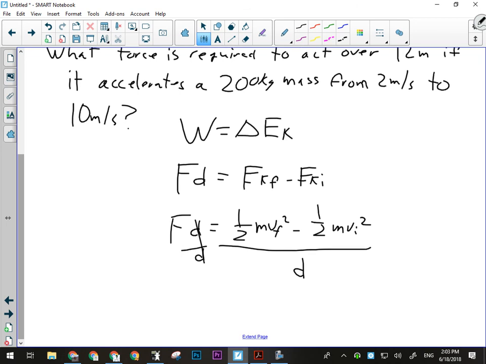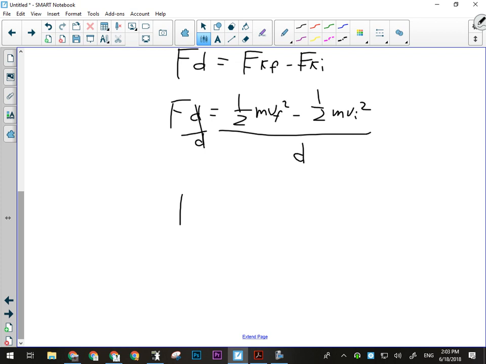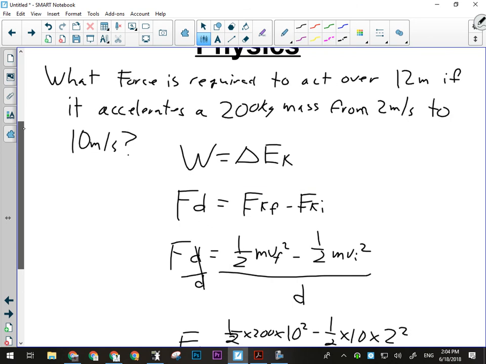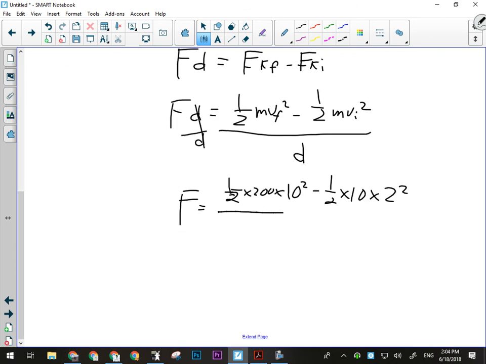Okay, so when we plug in our numbers here, we're going to have that the force equals 1/2 times 200 kilograms times 10 squared minus 1/2 times 10 kilograms times the 2 squared, divided by 12 meters.